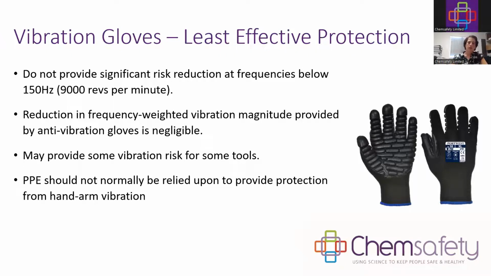And also, if some of the gloves are not properly fitted, they may cause a bit more awkwardness when holding the tool, and that results in holding the tool incorrectly or other health and safety risks, and ultimately increase the risk of hand-arm vibration. So that is why it is important to rather implement engineering controls or administrative controls rather than opting for vibration gloves.